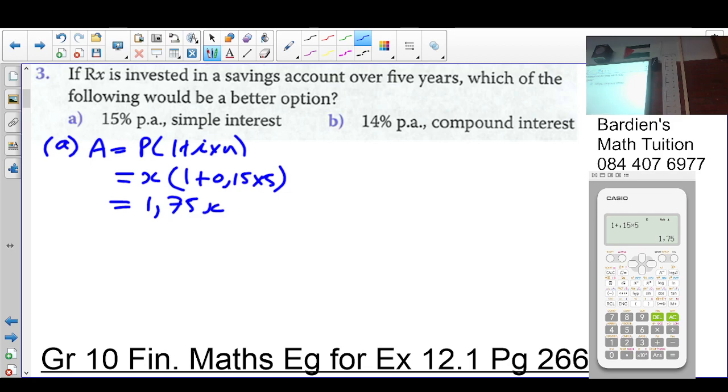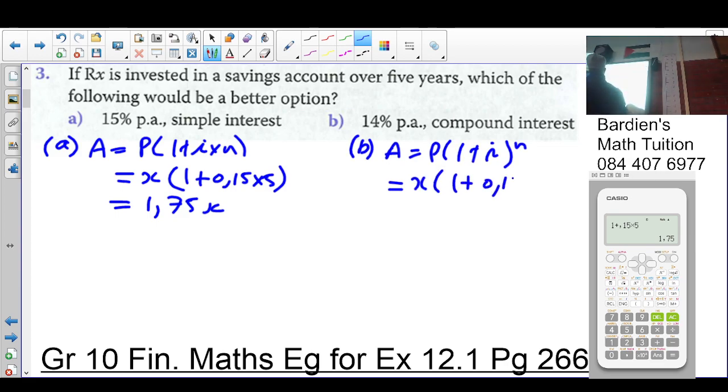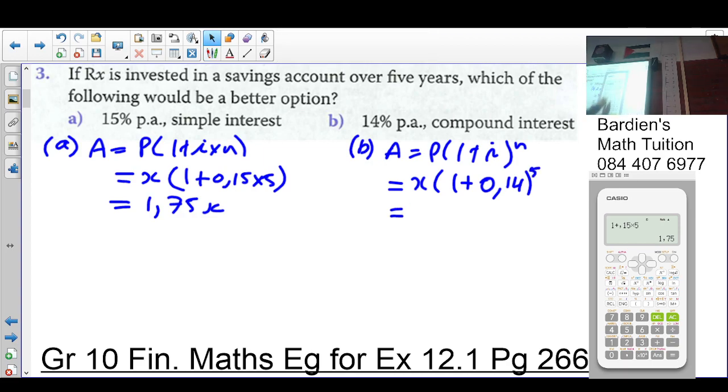So let's put it to this. Compound is A equal to P into 1 plus i to the exponent n, which is X into 1 plus 0.14 to the exponent 5 years. So 1 plus 0.14 to the exponent 5 gives you 1.93.